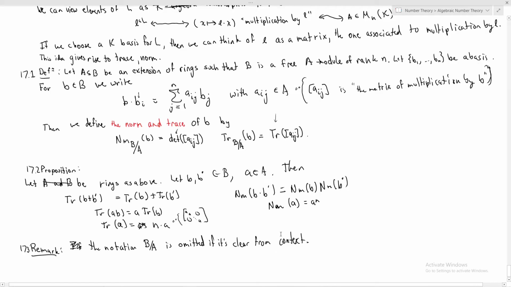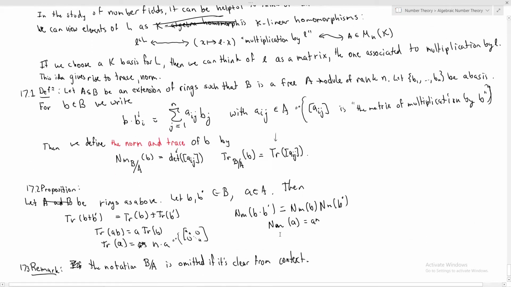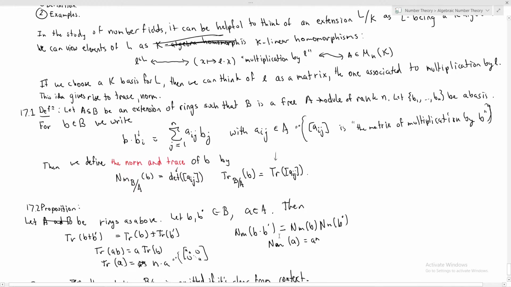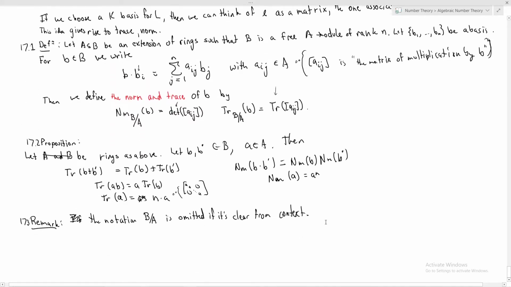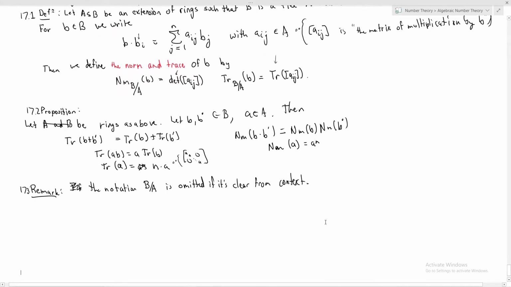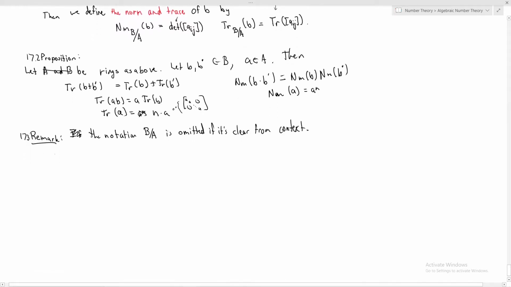Okay, so this is with the traces, and I just want to end with a couple examples of norm and trace. Maybe first let's do a specific example. So this is 17.4.